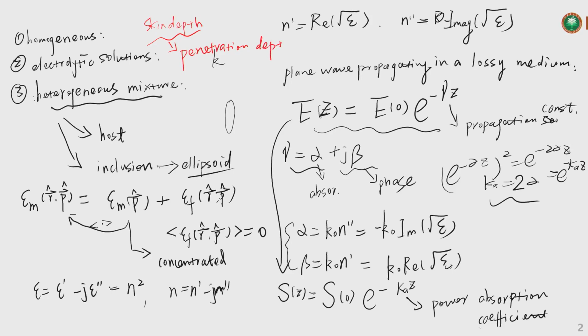Delta P equals 1 over kappa A, all right? So this is the penetration depth. And also the skin depth, delta S.